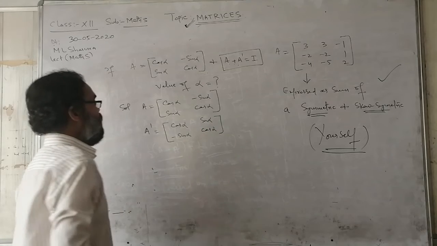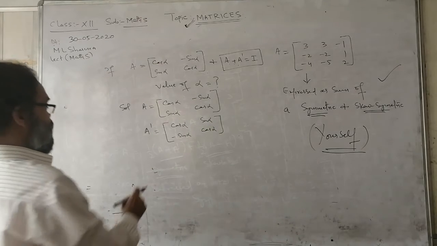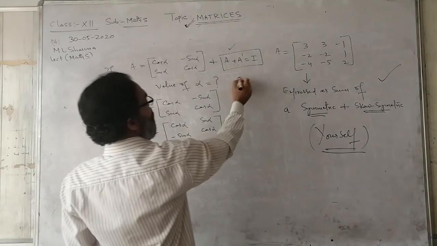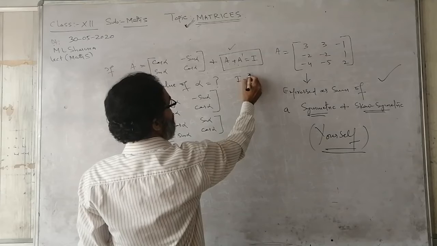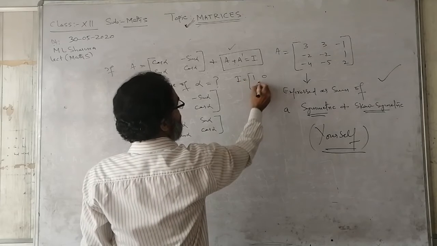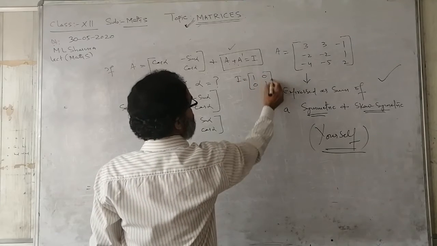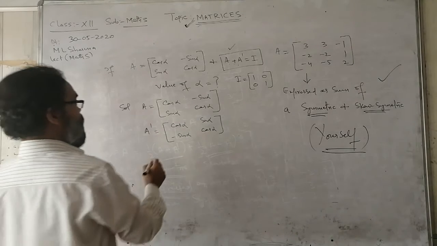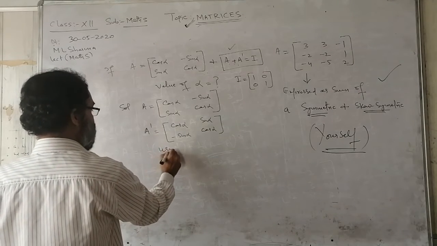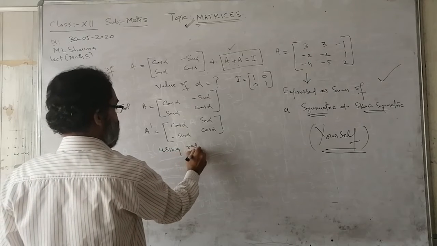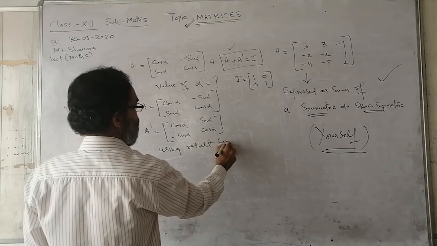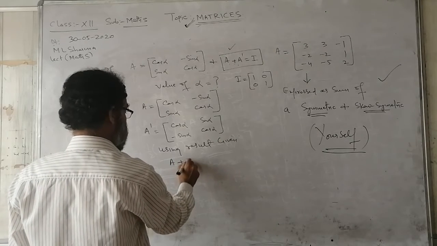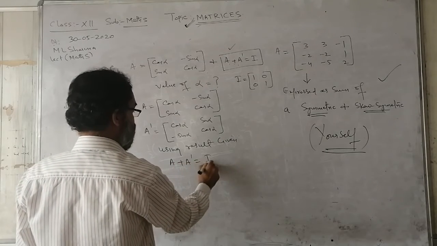So this is the value of A transpose. Now using the result given here, I is the identity matrix of 2 by 2 order, so its value will be 1 0 0 1. The given result is A plus A transpose equal to I.